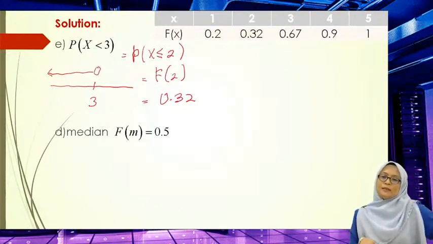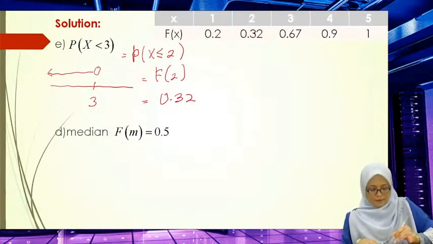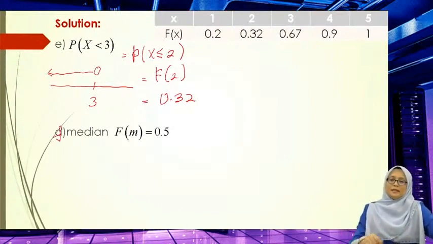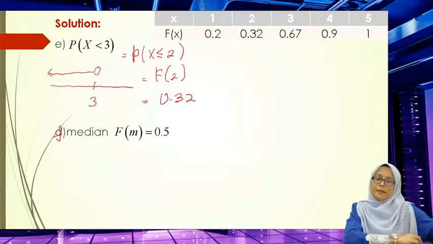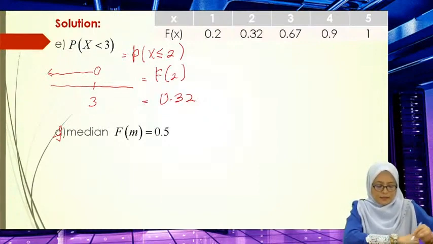Okay, so then last one, ini F. So kita nak cari median for F(M) equal to 0.5. So kita punya cumulative paling banyak nilai dia sampai 1. So kalau median means that in between dia 0.5. So daripada you punya table, kita tengoklah kat mana 0.5.